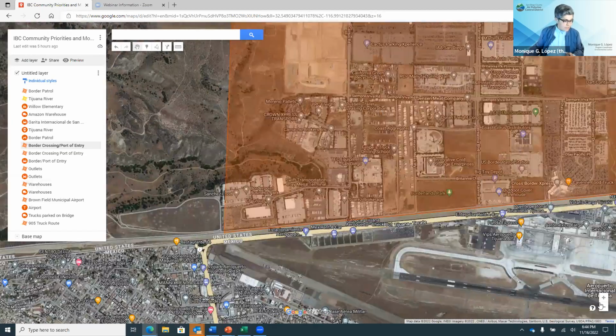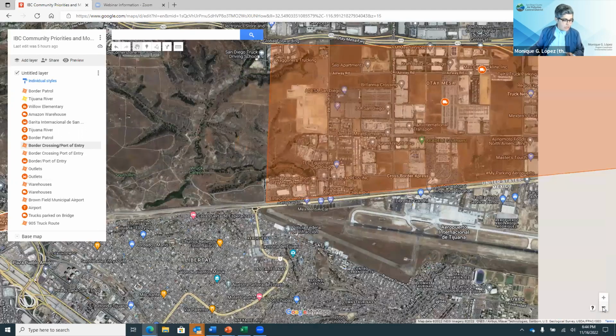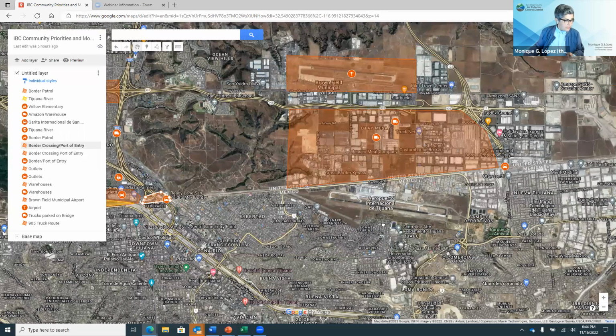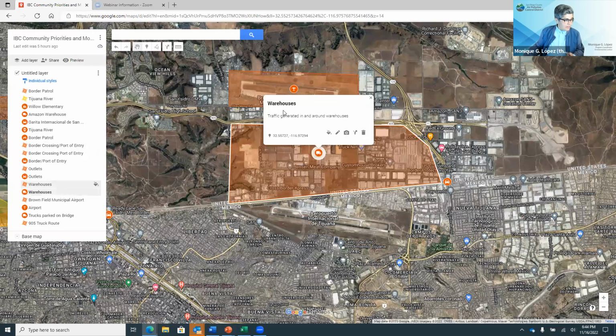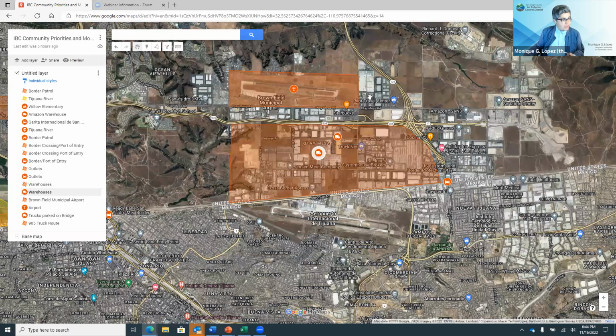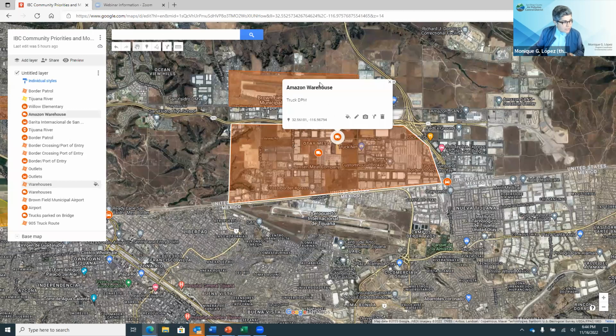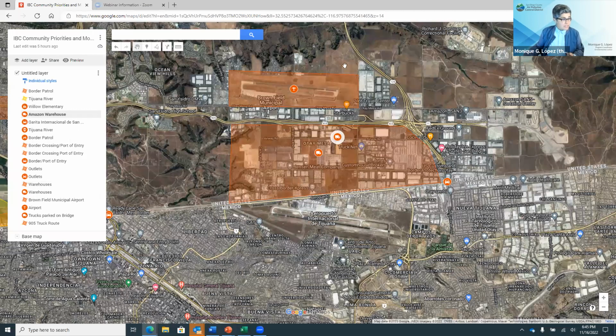We also heard some concerns in general, and I'm going to zoom out a little bit, about the warehouse area where there's a lot of trucking and the traffic that's generated in and around the warehouse. So just this general area, but more specifically around the Amazon warehouse, the trucks going in and out of there, the delivery trucks.